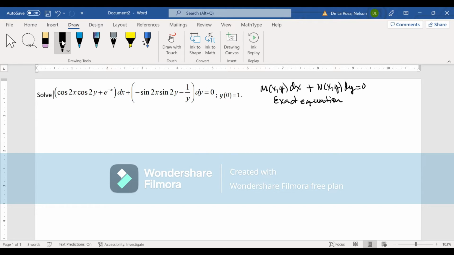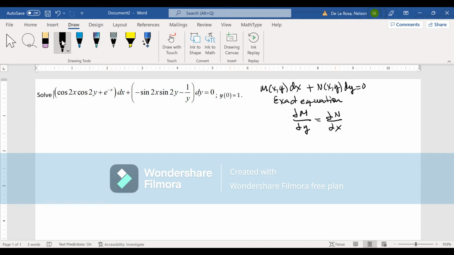The condition states that if the derivative of M with respect to y is equal to the derivative of N with respect to x, then the equation is exact, and we can use the method of exact equations to solve it.